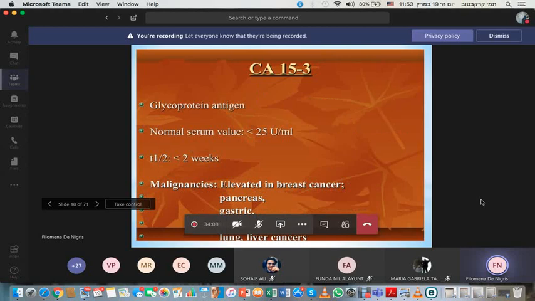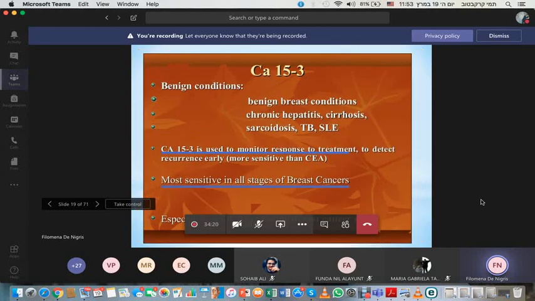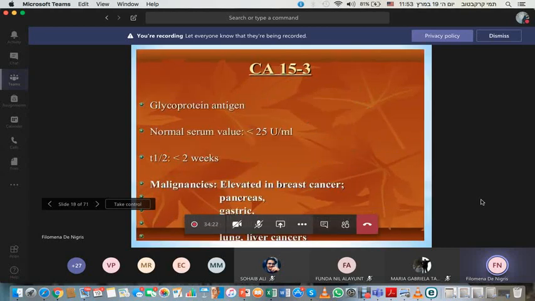CA15-3 is a glycoprotein, again released in serum, associated with breast cancer. We can ask for it when we suspect breast cancer, but it's not the only marker for breast cancer. We also have mucin-1 and cytokeratin 19 that we ask for together.